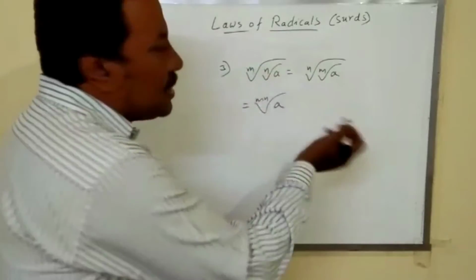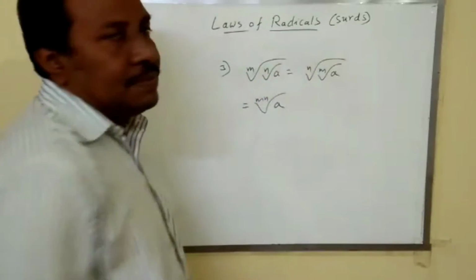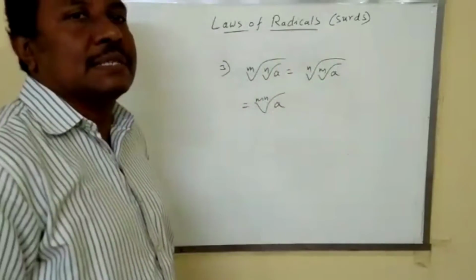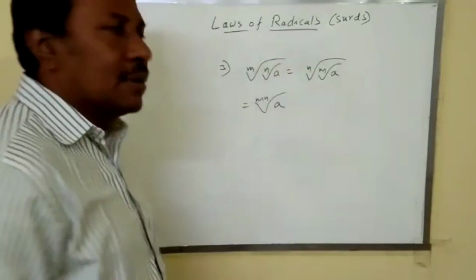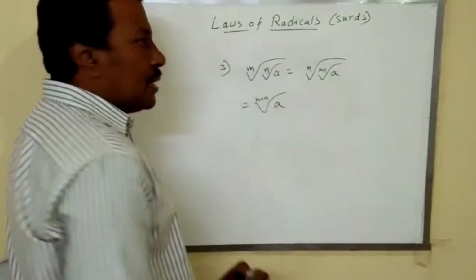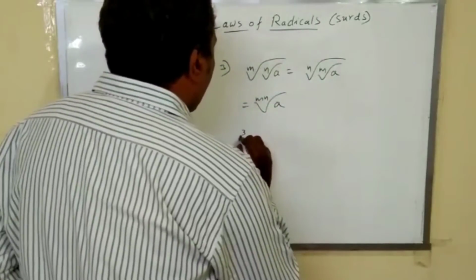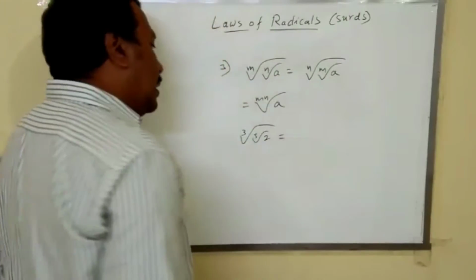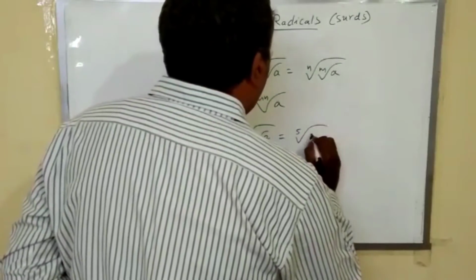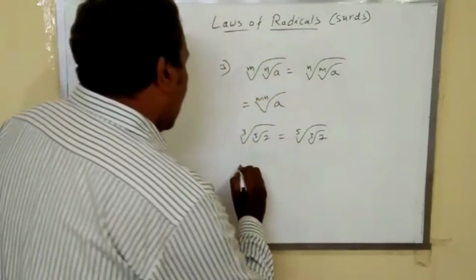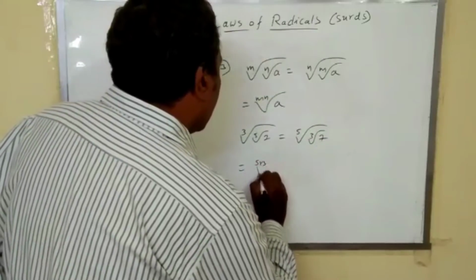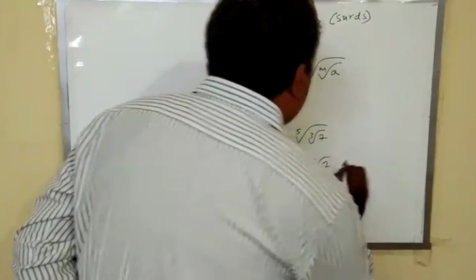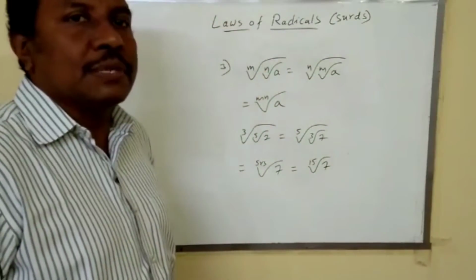Even though the order exchanges its place, it gives the same result. So that is equal to mnth root of a. Okay, example, cube root of fifth root of 7. This can be written as fifth root of cube root of 7. That is equal to 5 into 3 root 7. 5 3s are 15. Finally it becomes 15th root of 7. Okay.